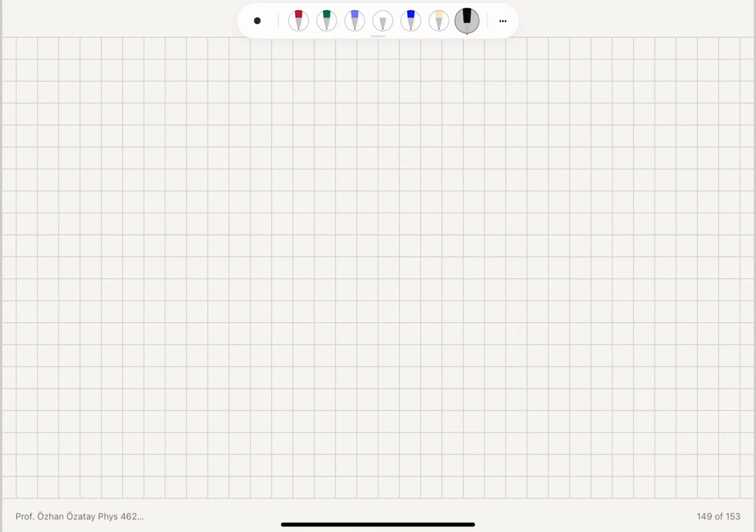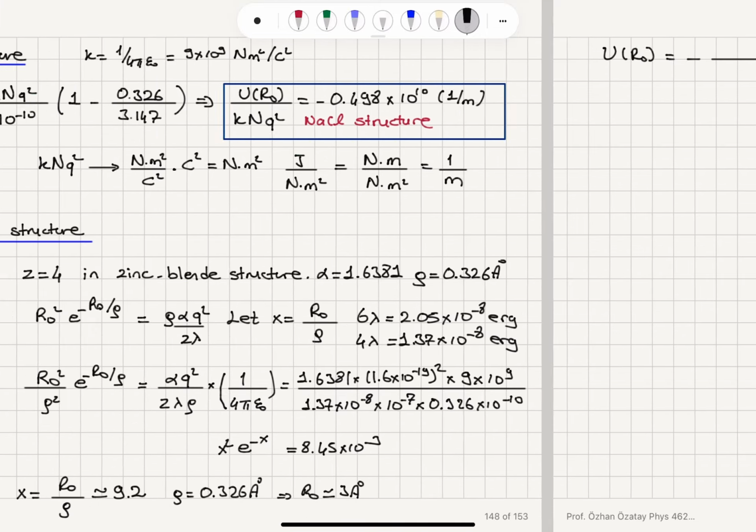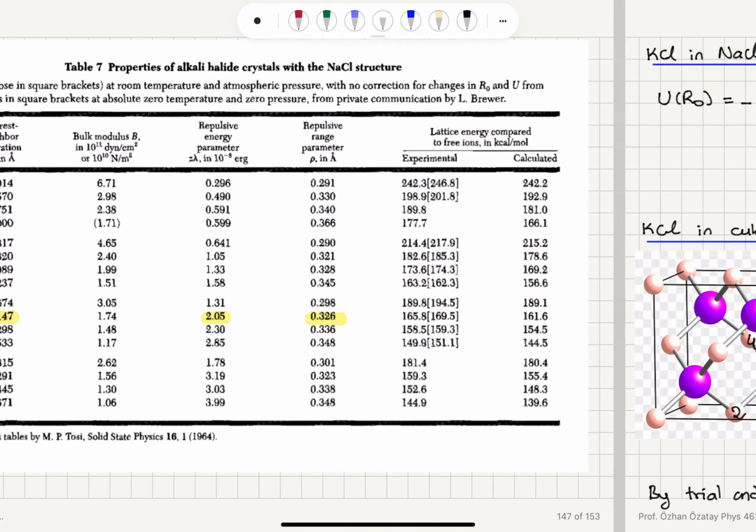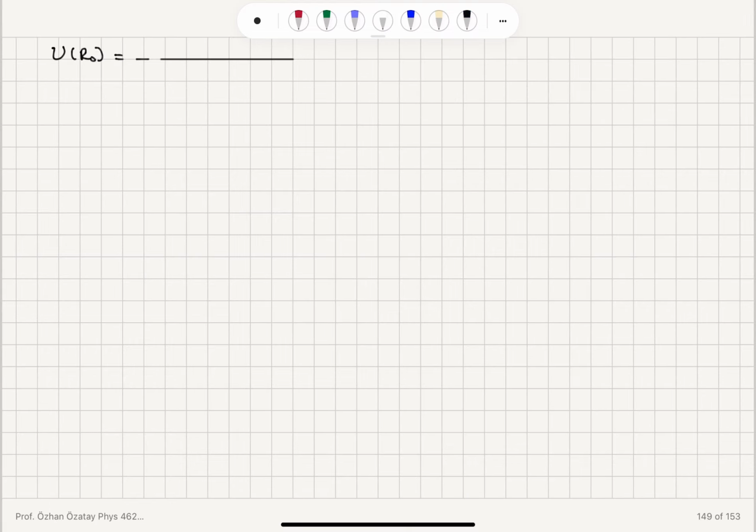Okay, now we can plug this into the cohesive energy formula. U of r0 is equal to minus, let's remember what we had there, minus alpha n q square over r0. So this is going to be minus 1.6381. Instead of n q square, we have k n q square, Coulomb's constant, divided by r0, which is 3 times 10 to the minus 10.